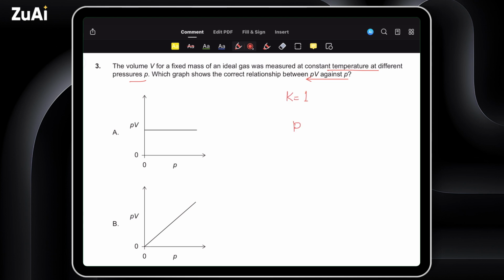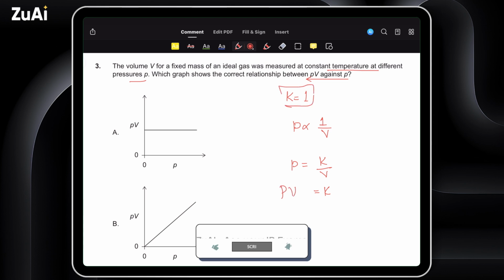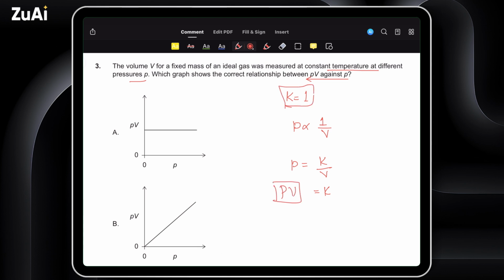Now P is inversely proportional to volume, and when we put in the constant, P is equal to K divided by V. So K is equal to PV. K is constant, so PV is not going to change. If you increase the pressure, there is no change in PV, because it is equal to a constant. That's why A is the answer.